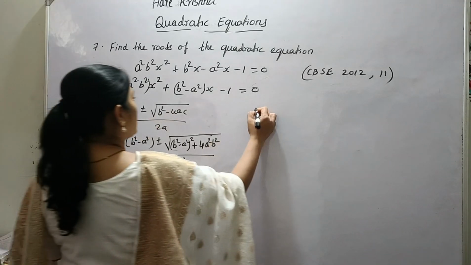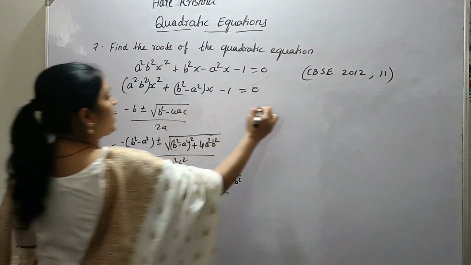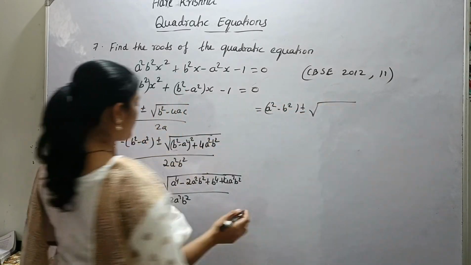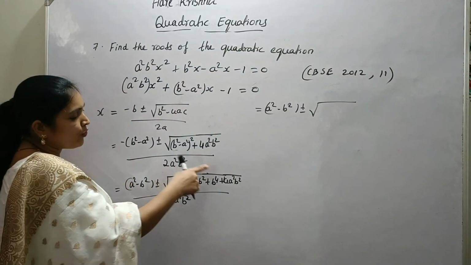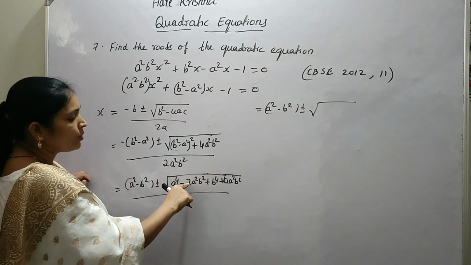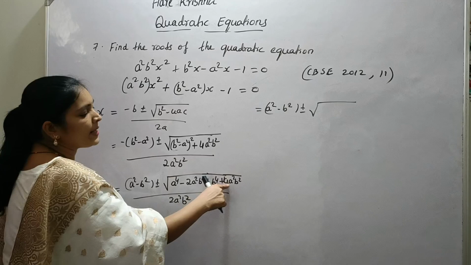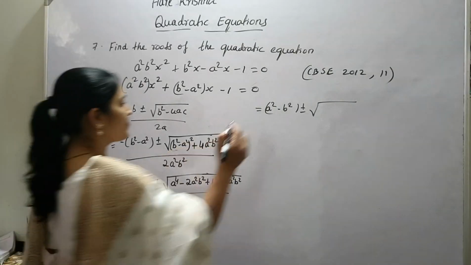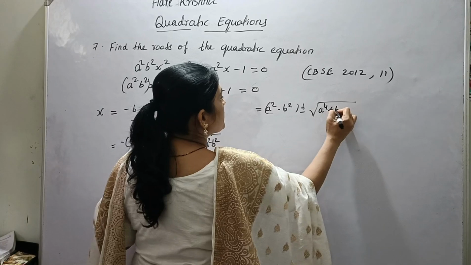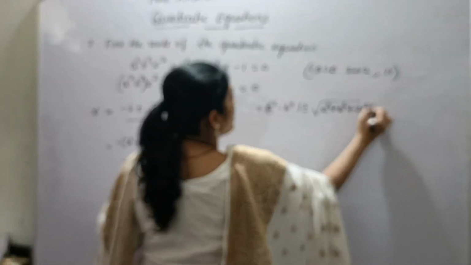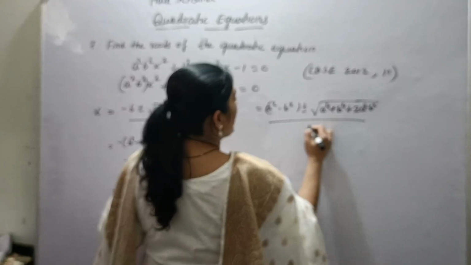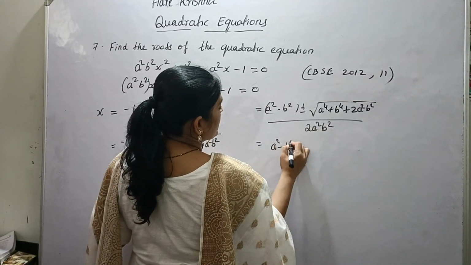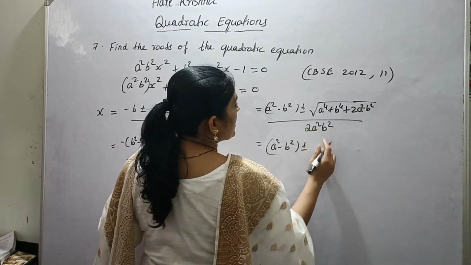That is equal to a square minus b square plus or minus square root of, see here, a raised to 4 plus b raised to 4, and here minus 2a square b square plus 4a square b square will become plus 2a square b square, right? So a raised to 4 plus b raised to 4 plus 2a square b square, divided by 2a square b square. So a square minus b square plus or minus, see what is it?